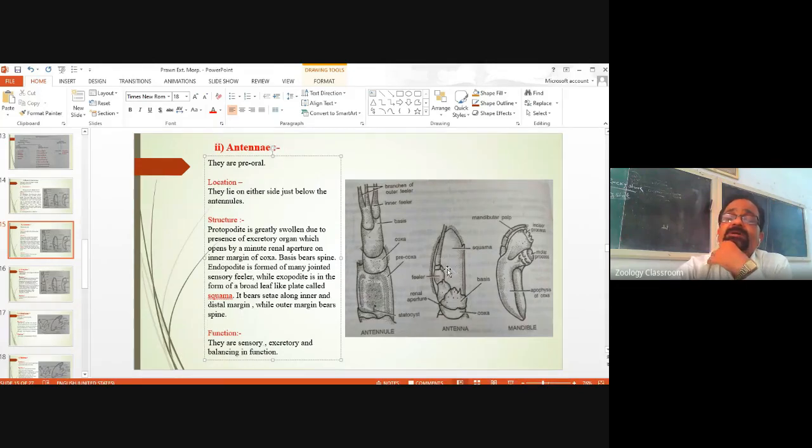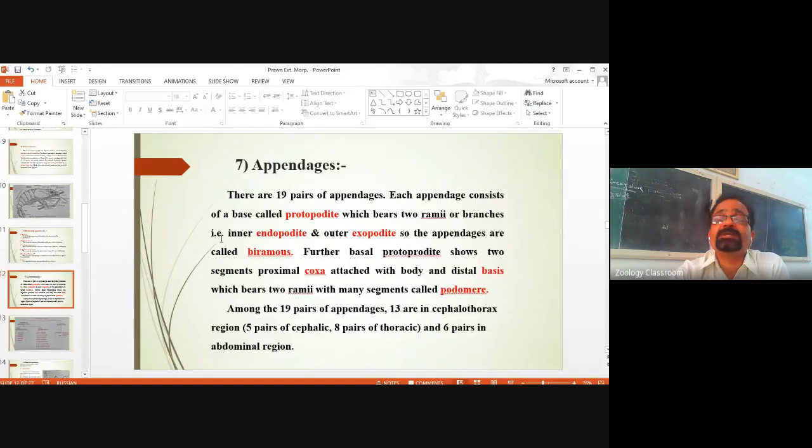So this is the cephalic appendage which is biramous, because the exopodite as well as the endopodite, these two are present. As I have mentioned earlier, the protopodite bears two branches, endopodite and exopodite, and that's why the appendage is called biramous.